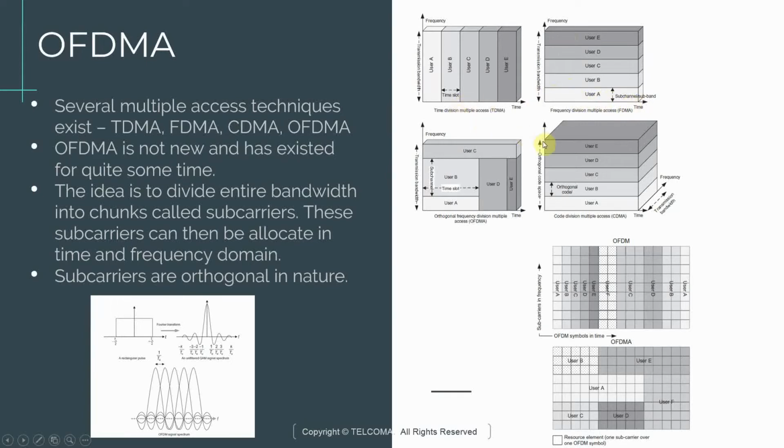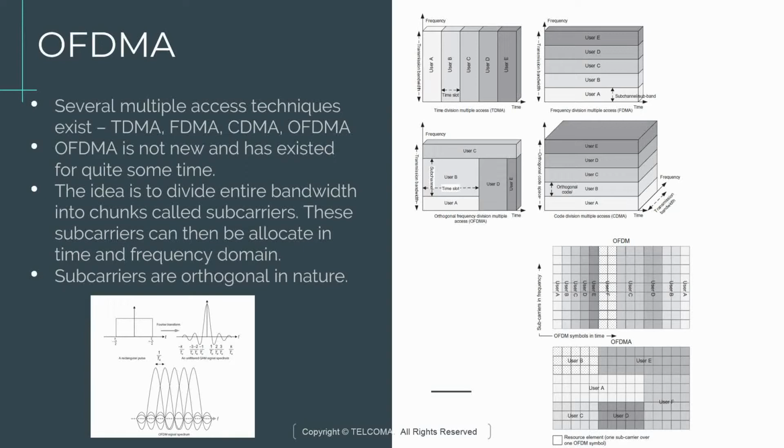Now you can go into what is CDMA. In CDMA, you have codes, and what you do is you share your entire frequency and your time of transmission with all users.